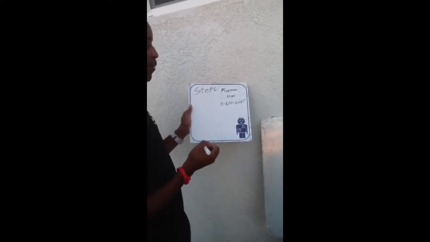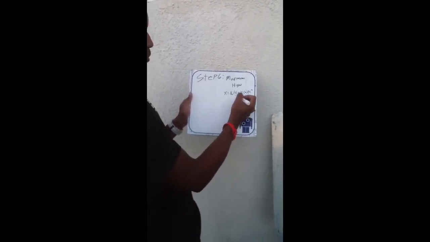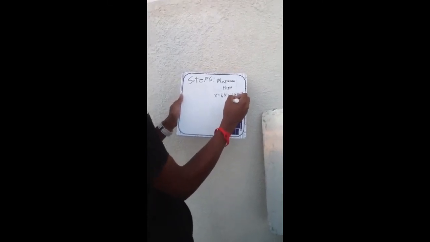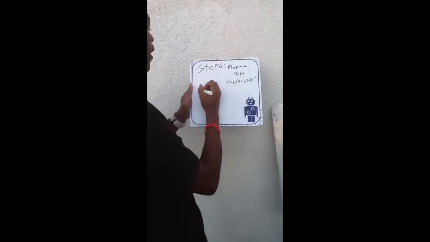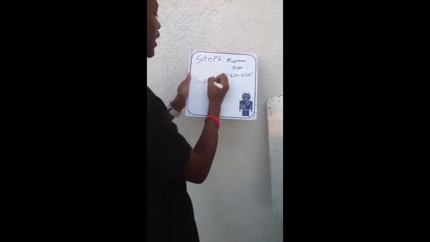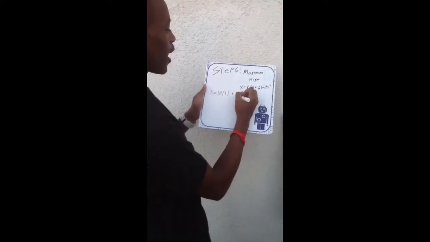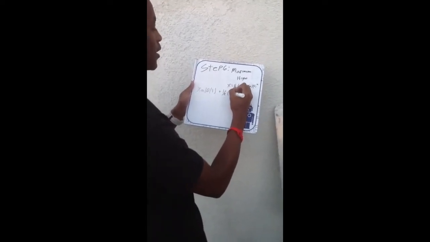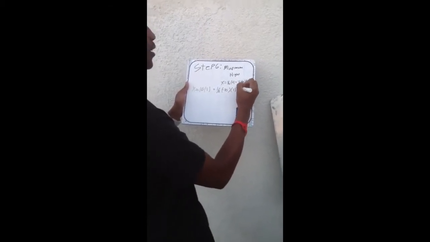To find the maximum height, use the equation x equals v0 times time plus 1/2 times acceleration times time squared. Our x is our unknown, our velocity initial is 10, our time is 1 second, plus 1/2 of our acceleration, negative 10, times our time of 1 squared.